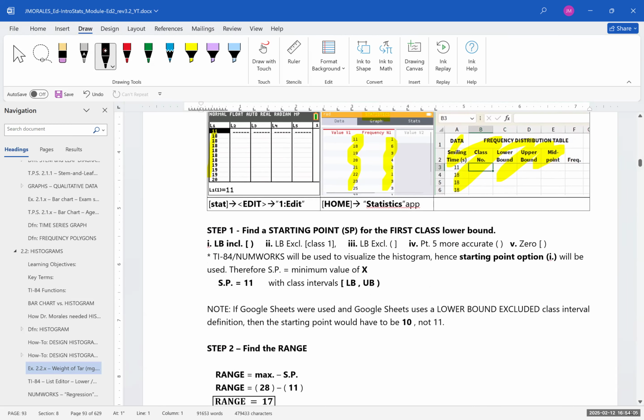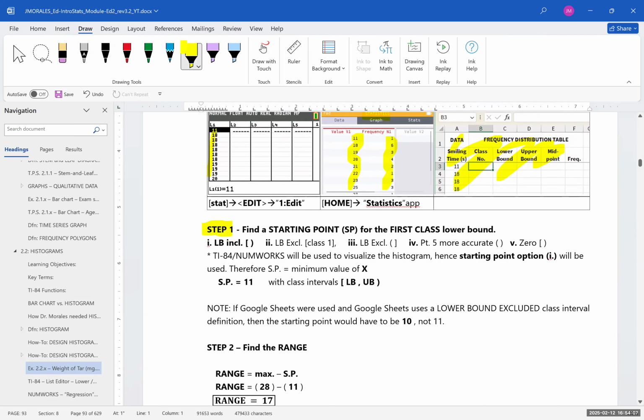All right, step 1. So step 1 is to find a starting point for the first class lower bound. So what I'm going to do is choose this type of interval setup where the lower bound is included.